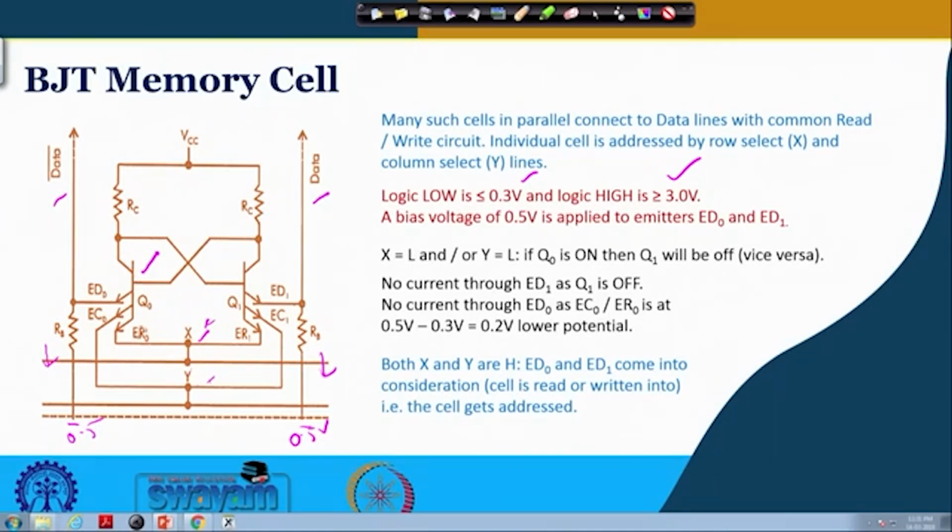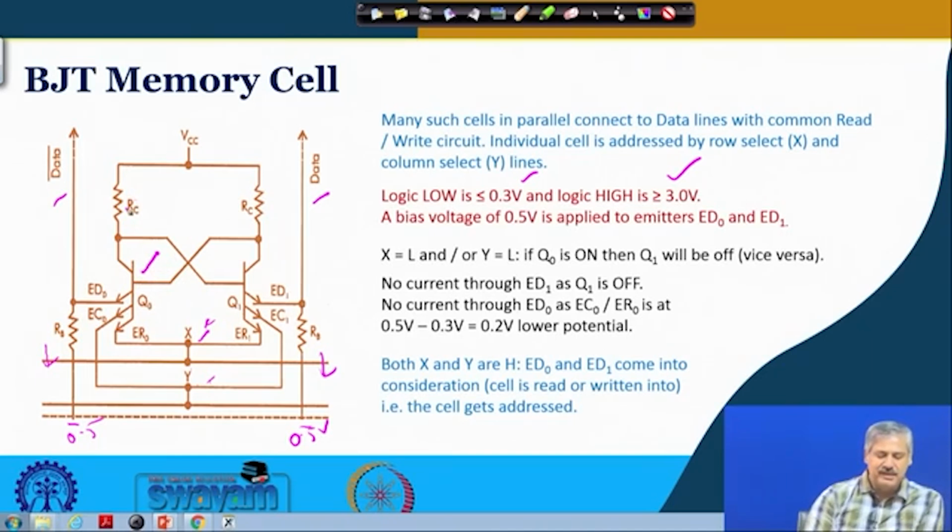So, being on means it goes into saturation, so this RC drop is say 0.3 volt or 0.2 volt, whatever the saturation value. That will not be enough to drive the other on, as it is not more than the base emitter voltage that is required, 0.6 volt or 0.7 volt. So, this will be off at that time. If it is on, this is off.